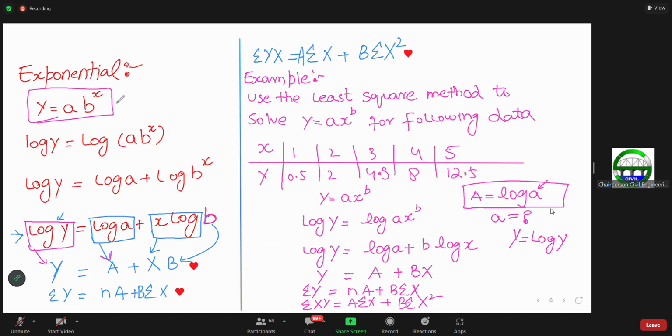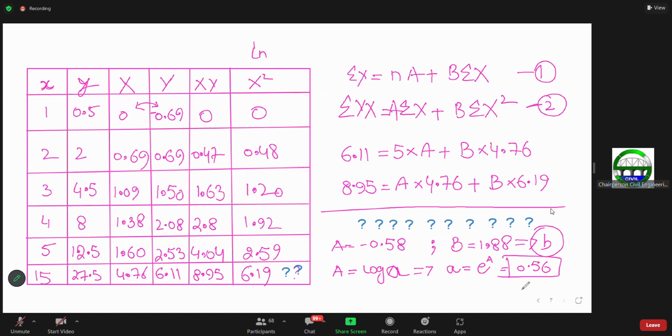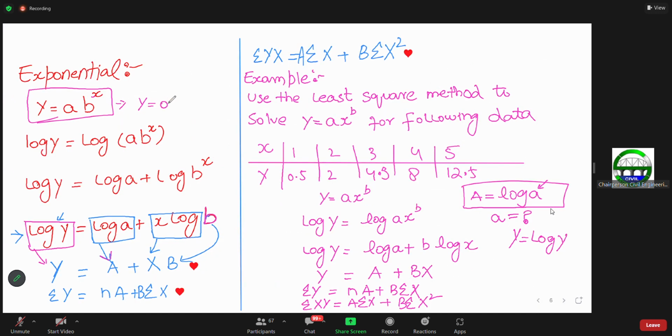We also need the value of X, so that our equation will be Y is equals to A is 0.56 into B was 1.88 raised to power X.